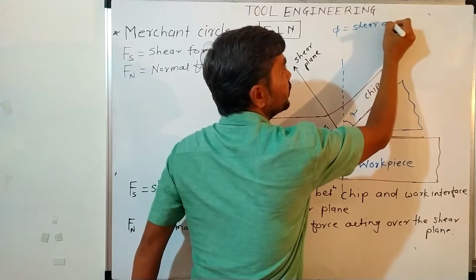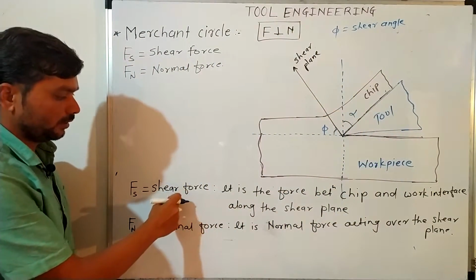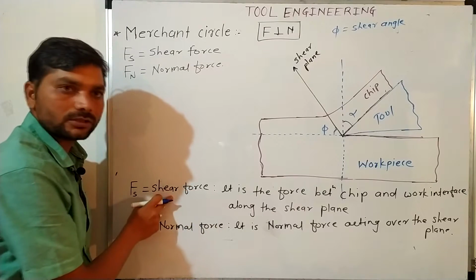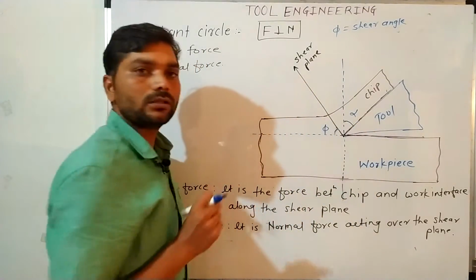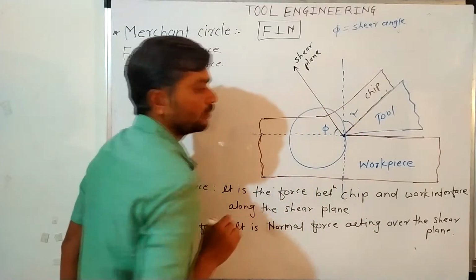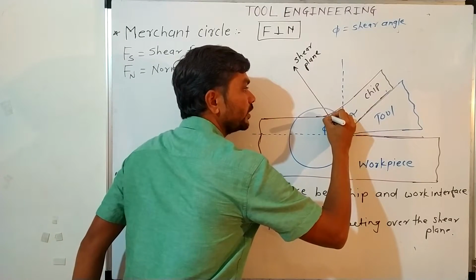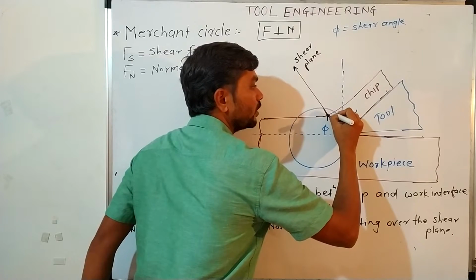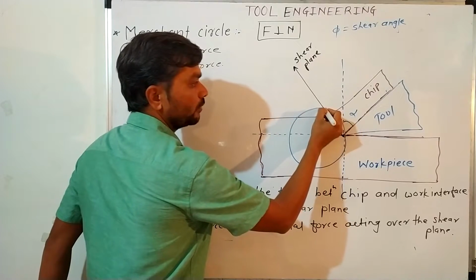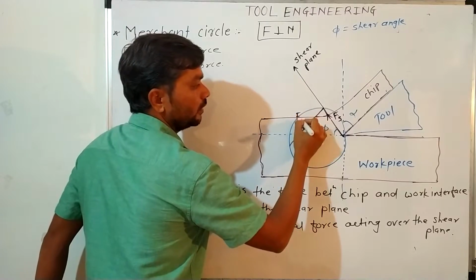Along the shear plane we get the shear force, and over this shear force there is another force which acts normally. So from this point we draw one circle, and along the shear plane we get the shear force. This is our Fs, and exactly perpendicular to this Fs we have normal force, which indicates the Fn.